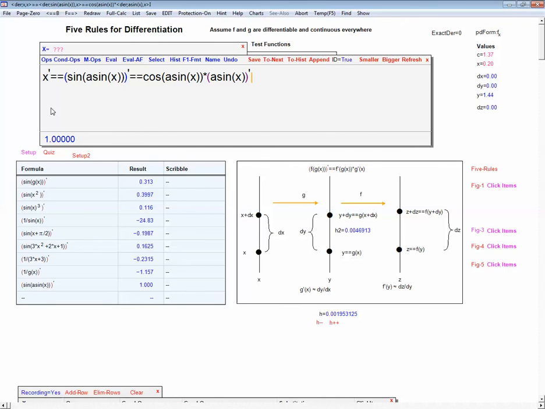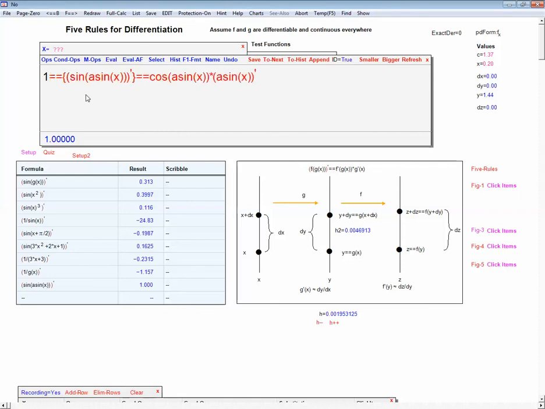So we're talking about the derivative of x. And we know what that is. That's just 1. So notice the 1 here. That means all of our equalities check out numerically, so probably we're okay.